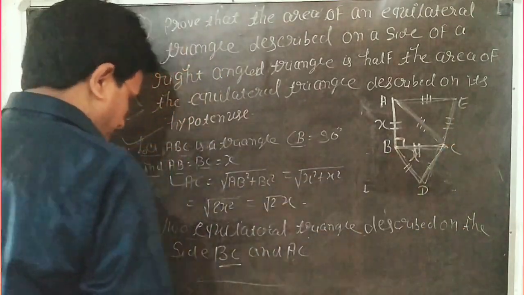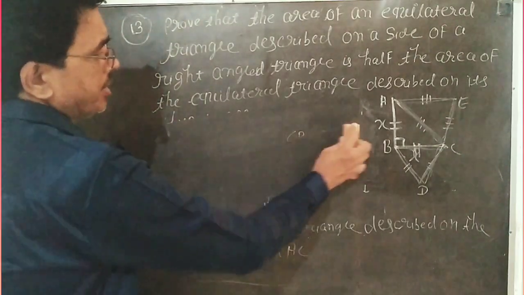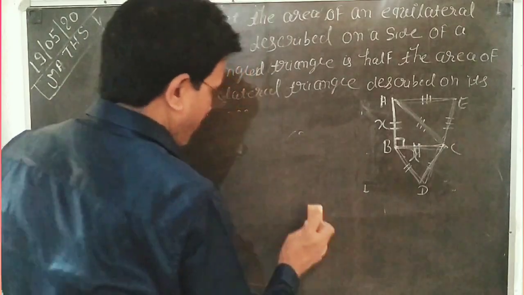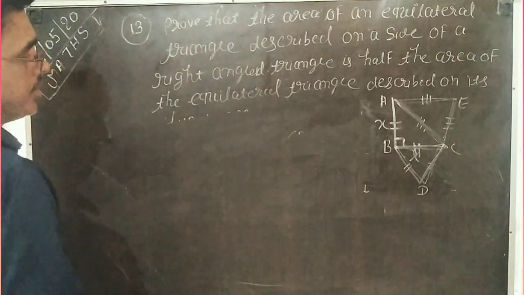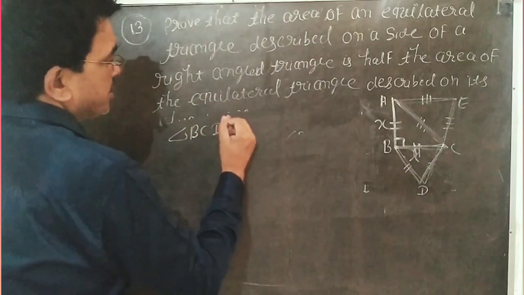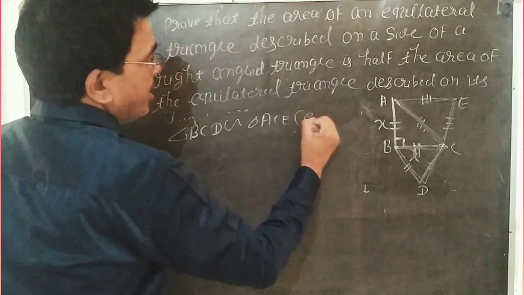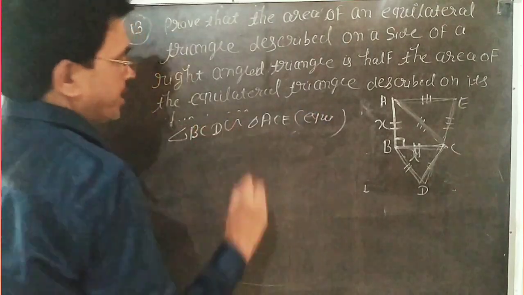If these are equilateral triangles, then it is clear both triangles are similar. So triangle BCD is similar to triangle ACE, because both are equilateral triangles.